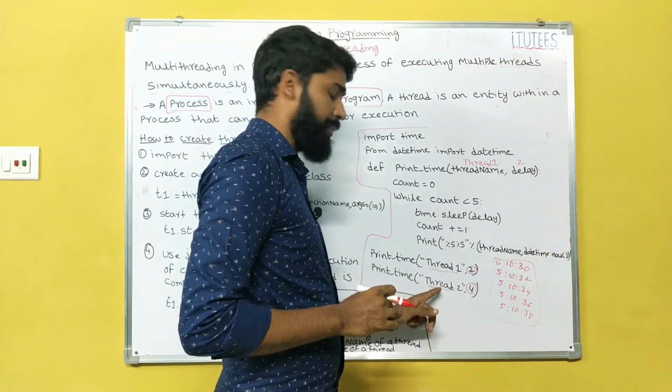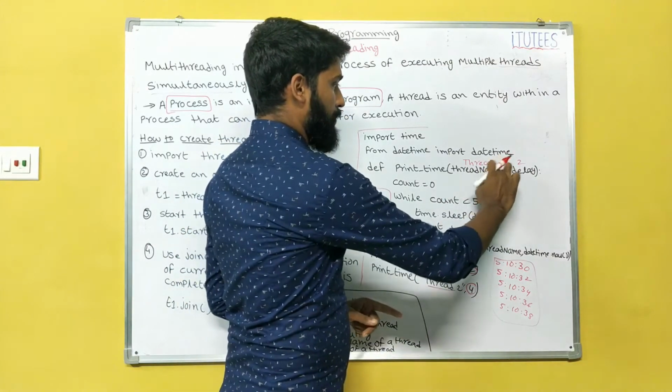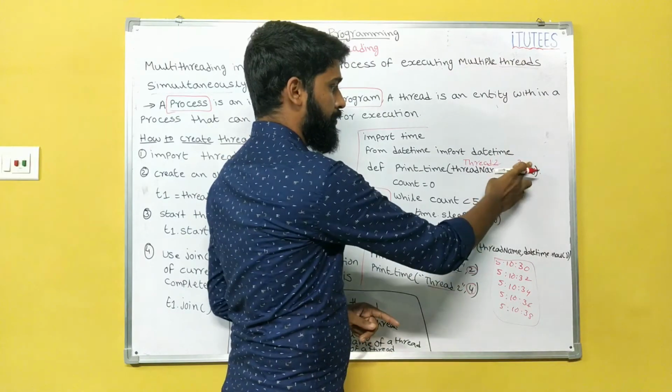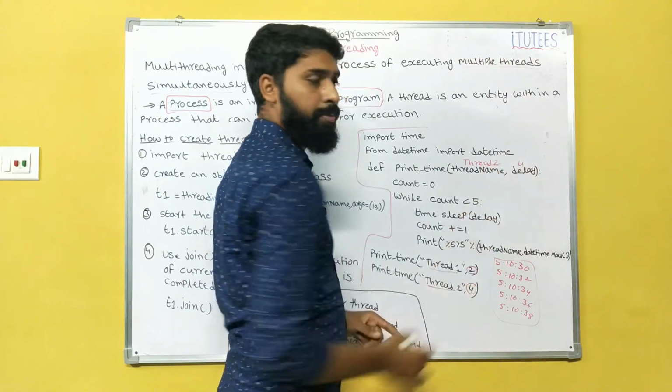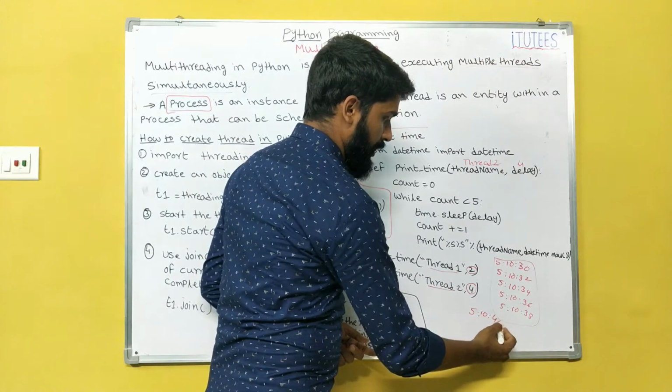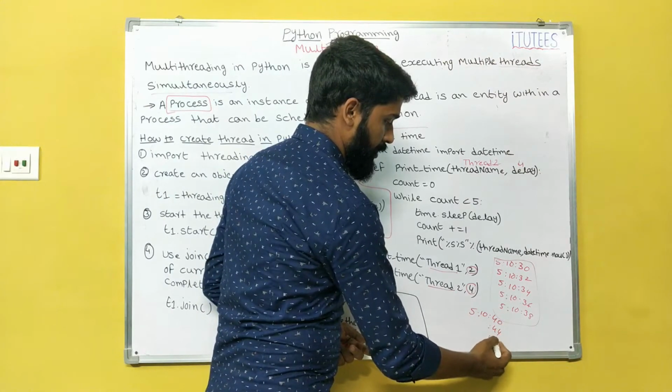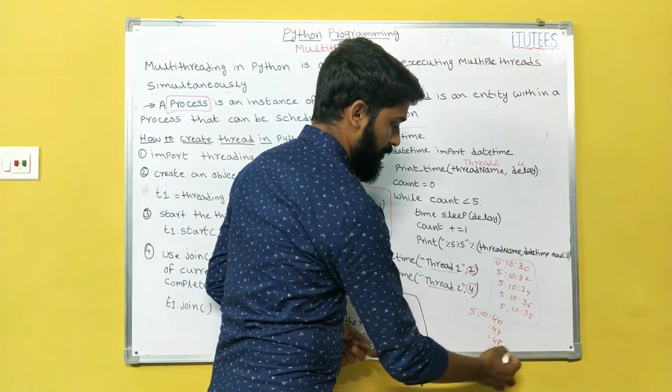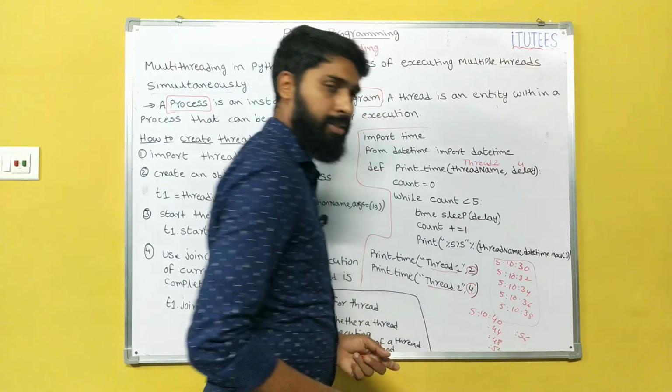For the second function call, it becomes thread2, the delay becomes 4, and it prints, for example, the time 40, then 44, 48, 52 and 56.